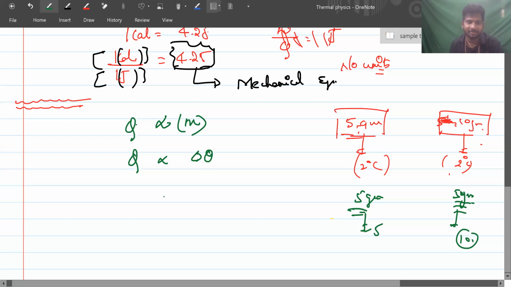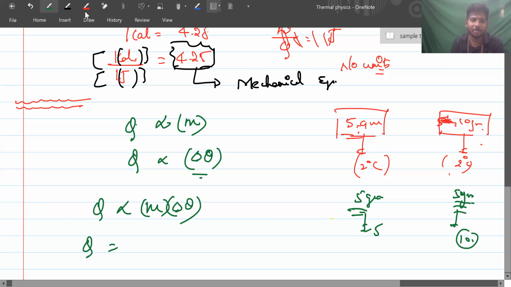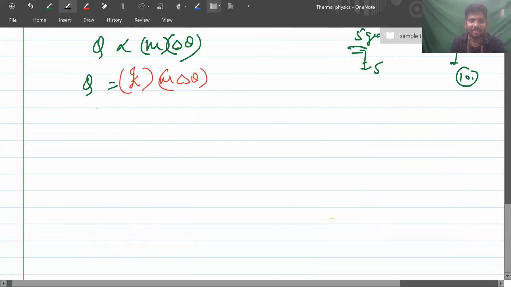So Q is directly proportional to mass into delta theta. If you apply some constant, Q is equal to M into S into delta theta.